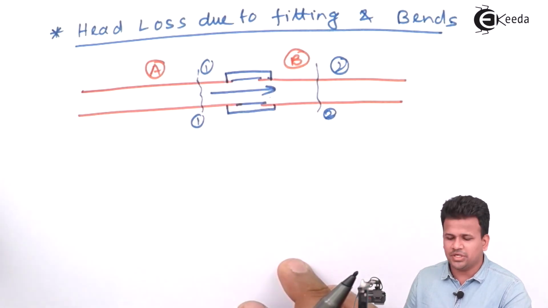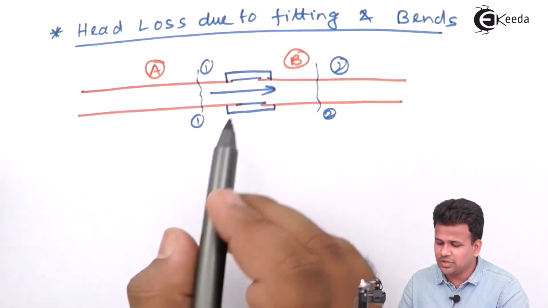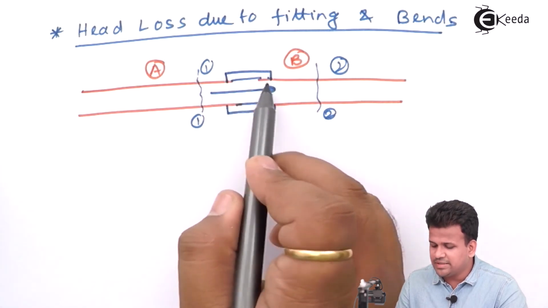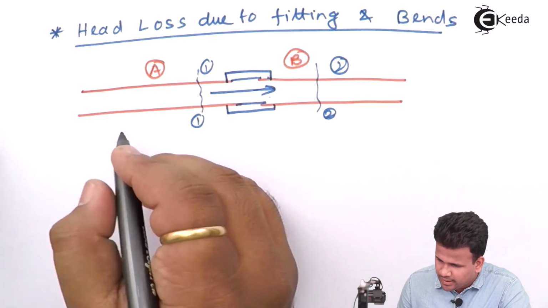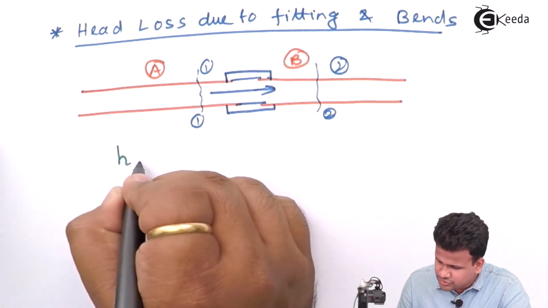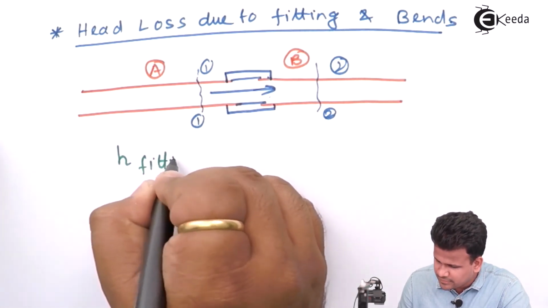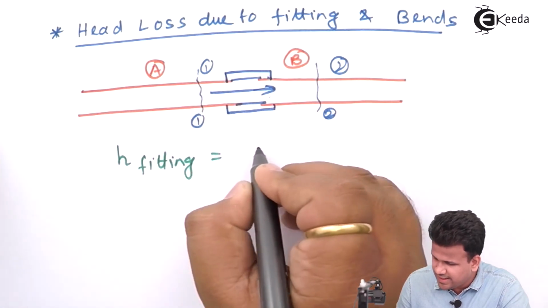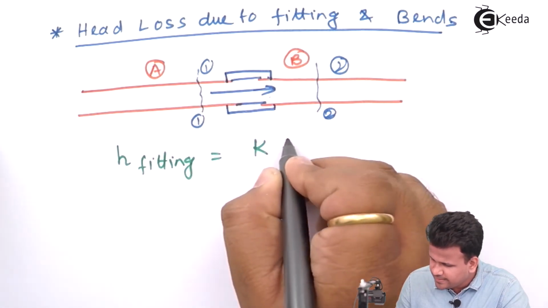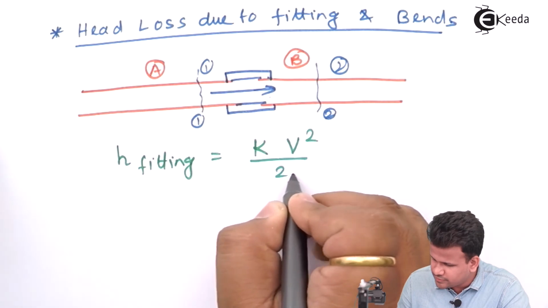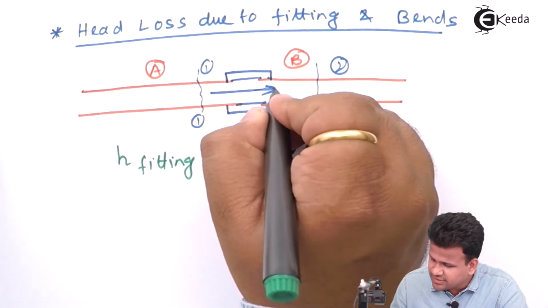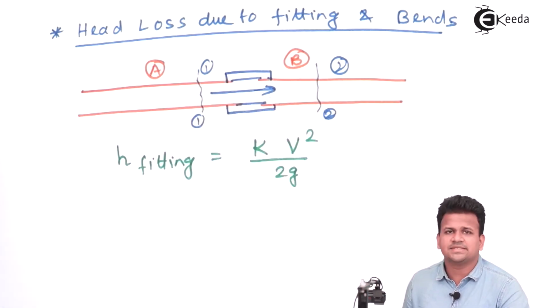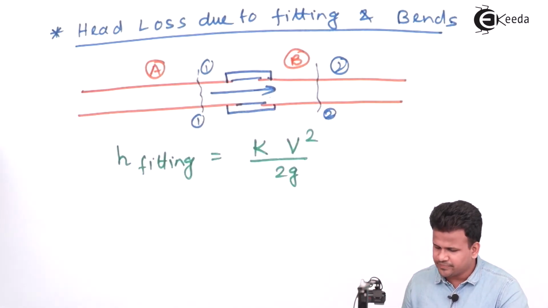decrease in velocity or change in the flow pattern, because the fitting obstructs the flow. Hence head loss due to fitting is given as K into V square by 2g, where V is the velocity at exit once it has exited the fitting.